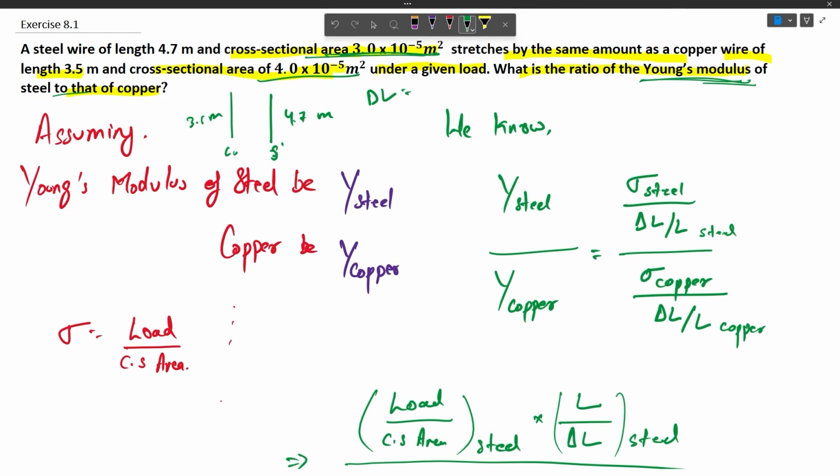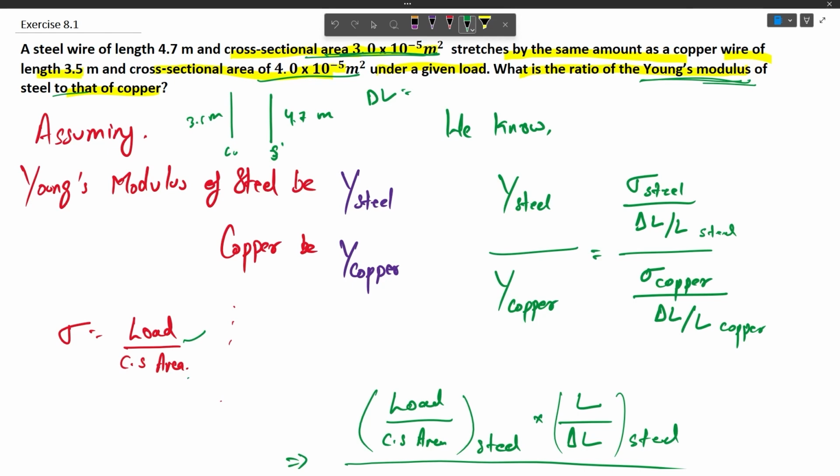Till the elastic limit, we know that this Young's modulus is constant as per Hooke's law. The ratio of the stress to that of the strain under the elastic limit is constant, and that is known as the Young's modulus. And we also know that stress is defined as load per unit cross sectional area.